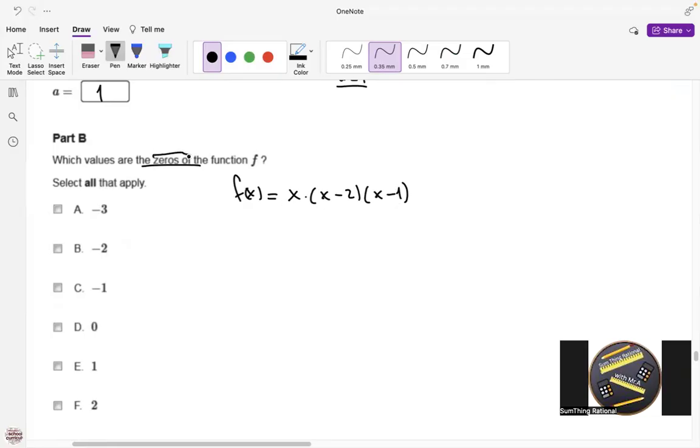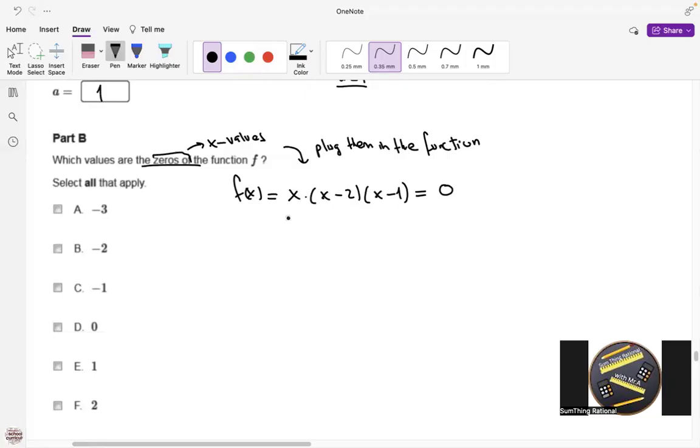Zeros of the function are the x values, as numbers, which result in 0 when you plug them into the function. Now think about those numbers. When you plug them here, it will be 0.